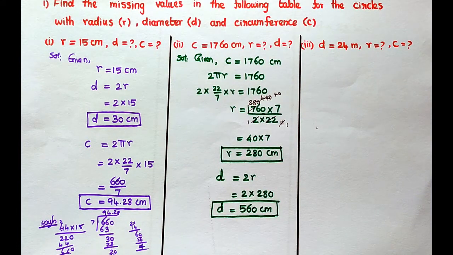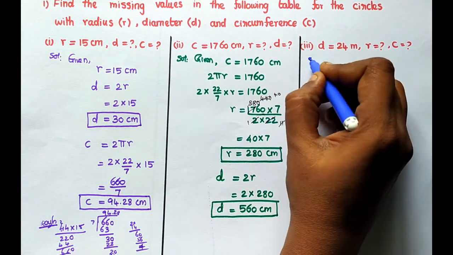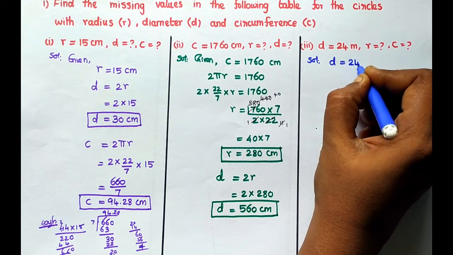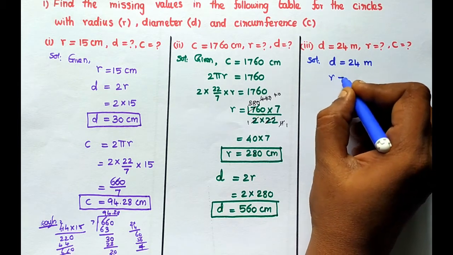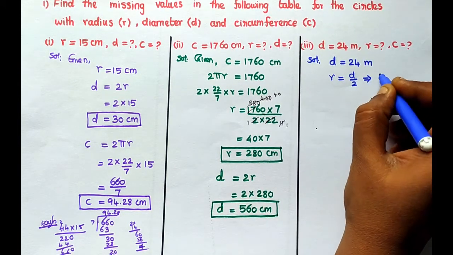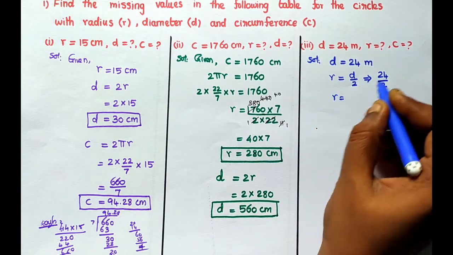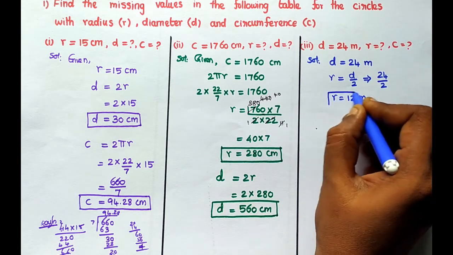Next one, they have given the diameter. D equal to 24 meter. We have to find the radius. So radius equal to D by 2, that is 24 by 2. So r equal to 12 meter, that is the radius.